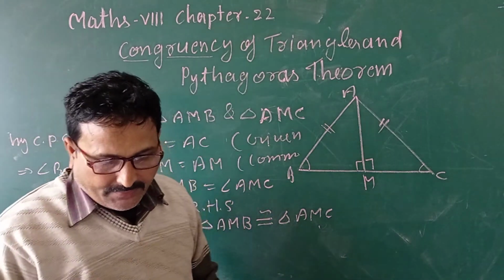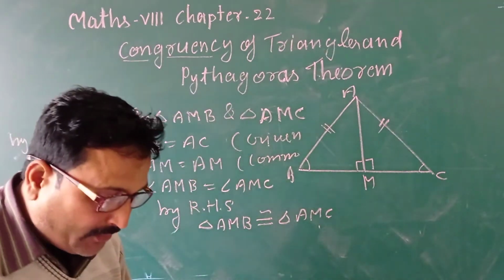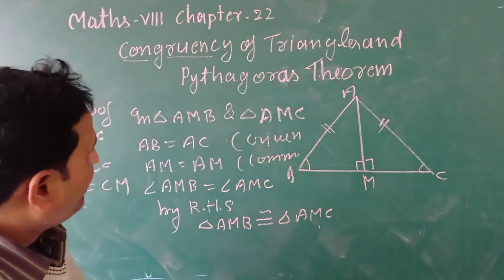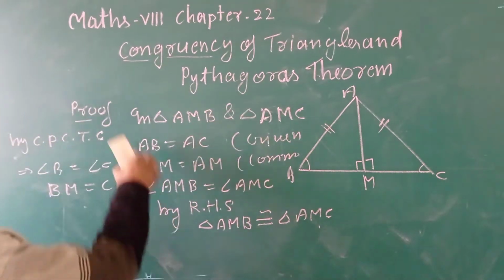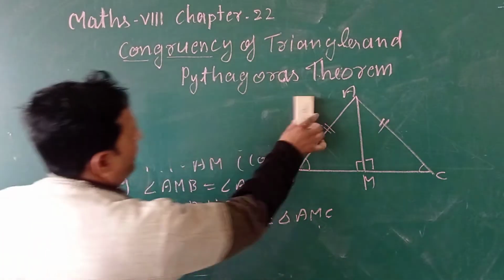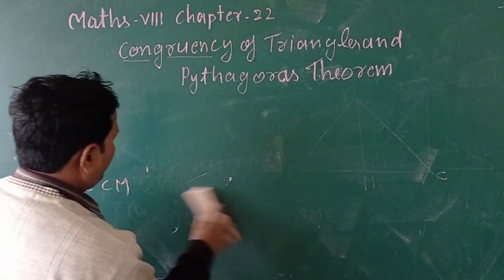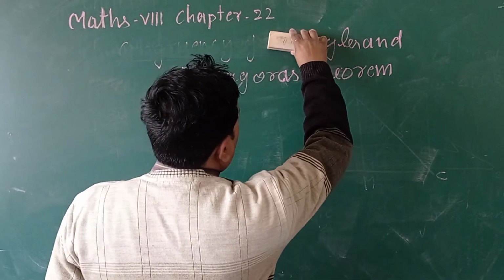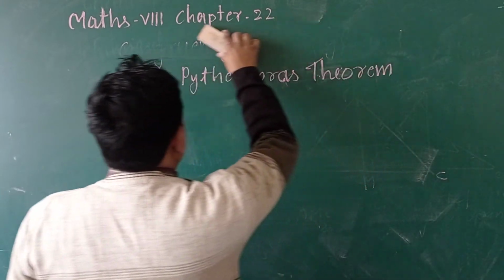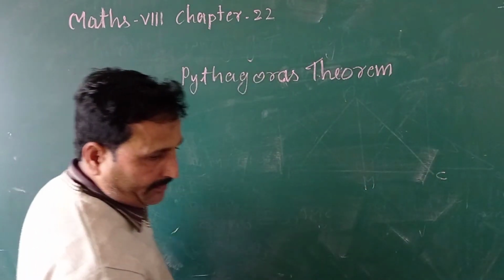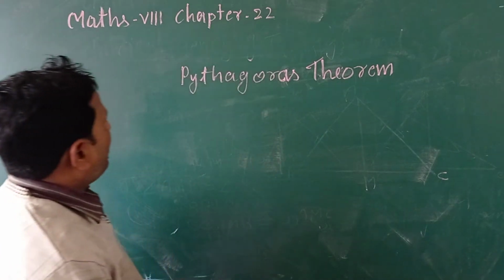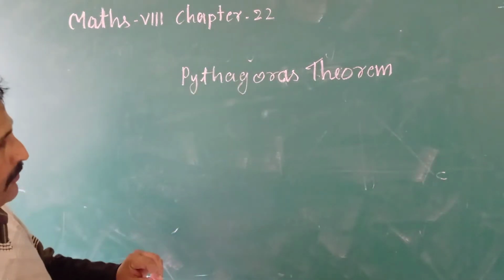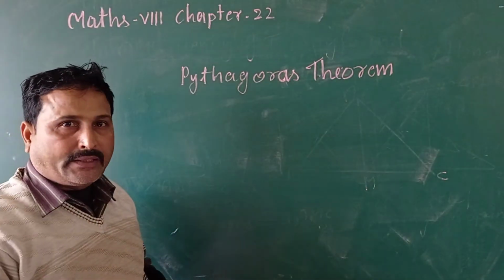Okay. Now see that one more thing is given in this chapter, Pythagoras theorem. What is Pythagoras theorem? According to Pythagoras theorem, it only applies to the right angle triangle.